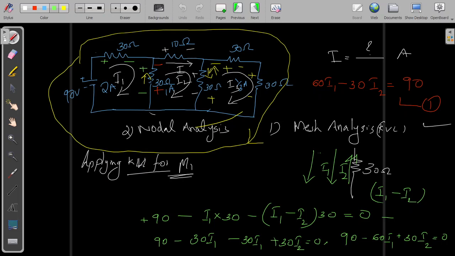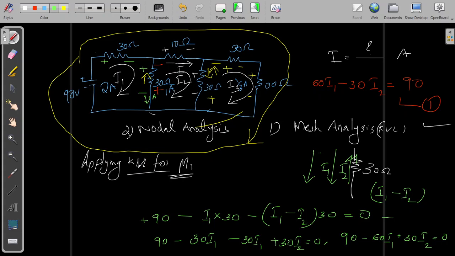Then what about the current flowing through this 30 ohm resistance? It will be I1 minus I2 in the downward direction, that means 2 minus 1, that is 1 ampere in the downward direction.